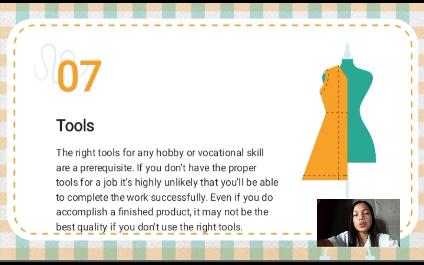So next is the tools. The right tools for any hobby or vocational skills are a prerequisite. If you don't have the proper tools for a job, it's highly unlikely that you'll be able to complete the work successfully. Even if you do accomplish a finished product, it may not be the best quality if you don't use the right tools.